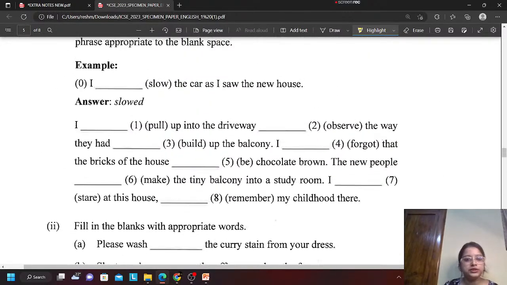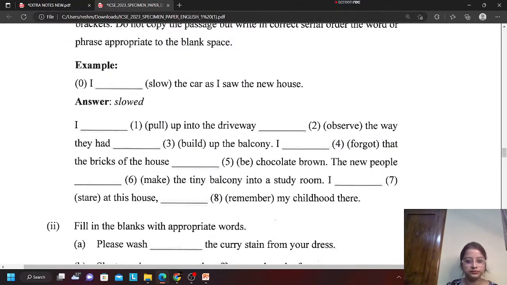First, we will come to this part. Okay, just give me 1 minute.